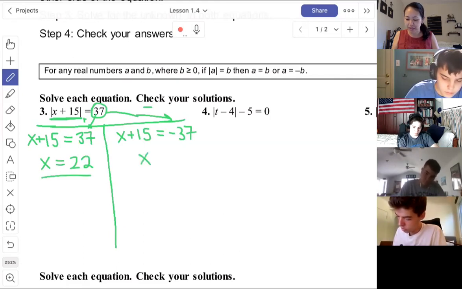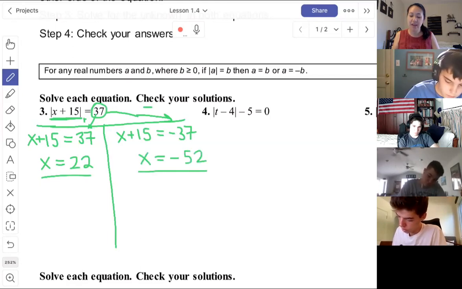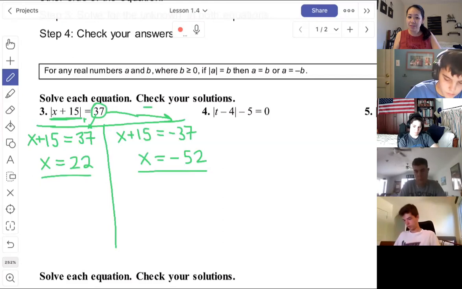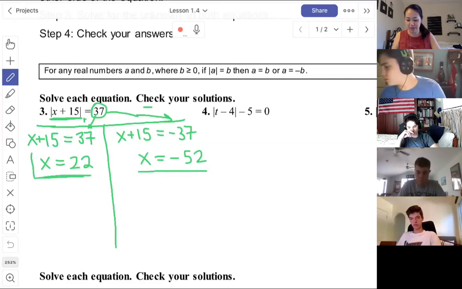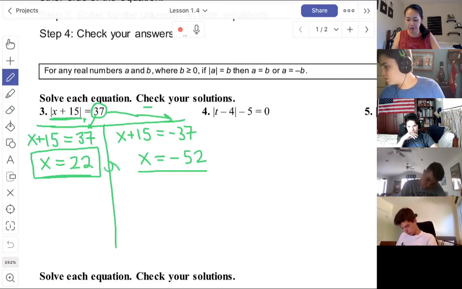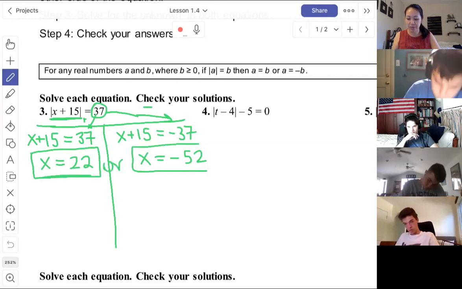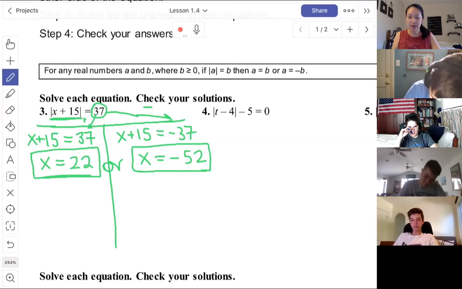Subtract the 15, and I get x is equal to negative 52. All right, and I would say for this problem, you do not need to double check. These are the correct solutions, and both of them work. And I'll show you an example where both of them don't work. But for now, that is it.